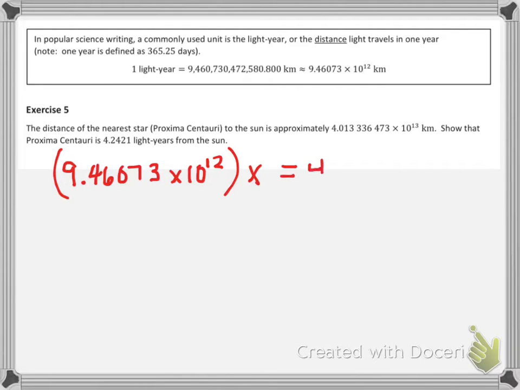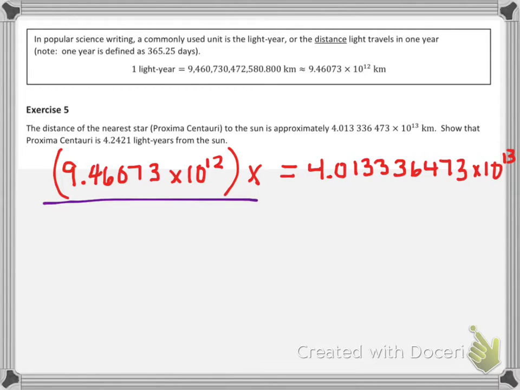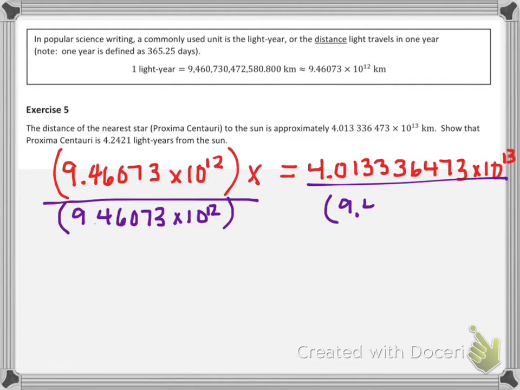So this is 4.013336473 times 10 to the 13th power. All right, some big numbers here. We're just going to use our algebra and divide by 9.46073 times 10 to the 12th. And we're going to do the same thing over here, divided by 9.46073 times 10 to the 12th.